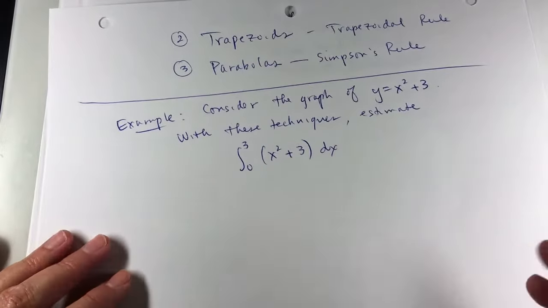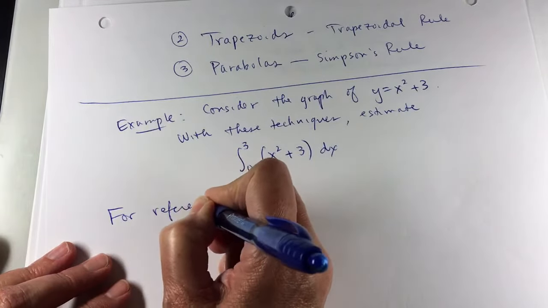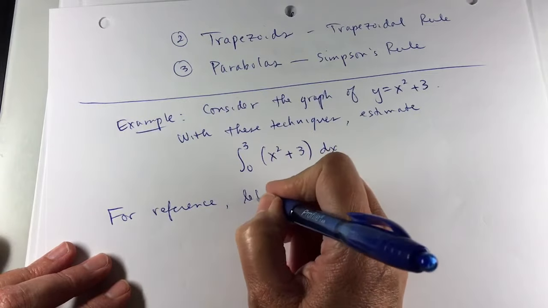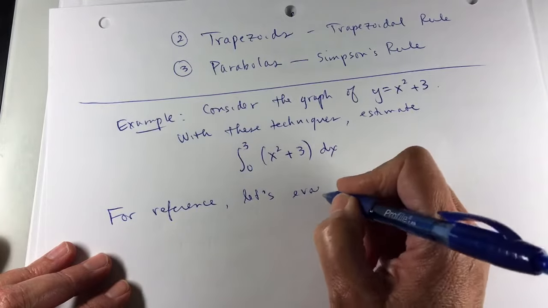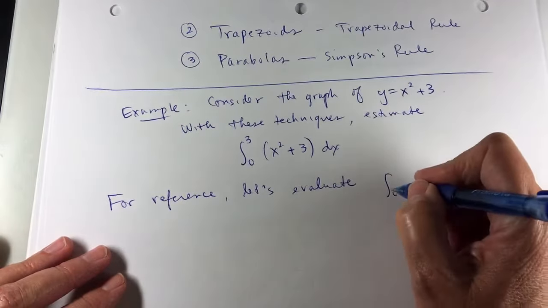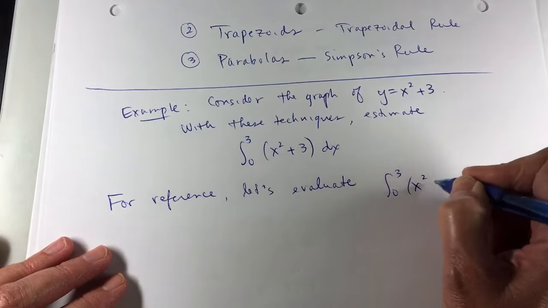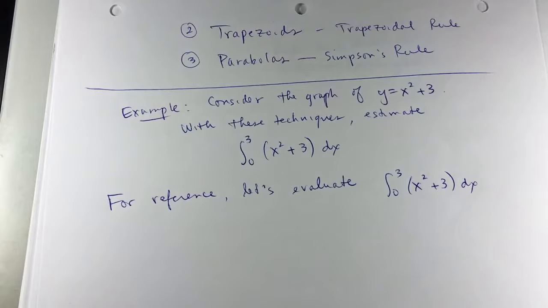So I will call it like this. For reference, let's evaluate the integral from 0 to 3 of x squared plus 3 dx. This could have been something from last semester. What do you do for this?